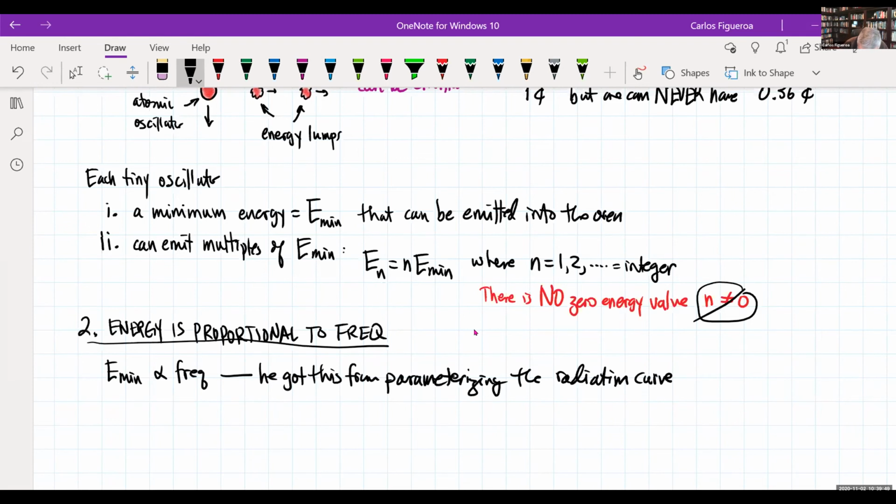And so he goes, okay, here's the minimum energy and here's the frequency. For the first time ever, from the radiation curve, he defines the proportionality constant. This is one of the most important proportionality constants in all of the history of physics, where h is now known as Planck's constant.